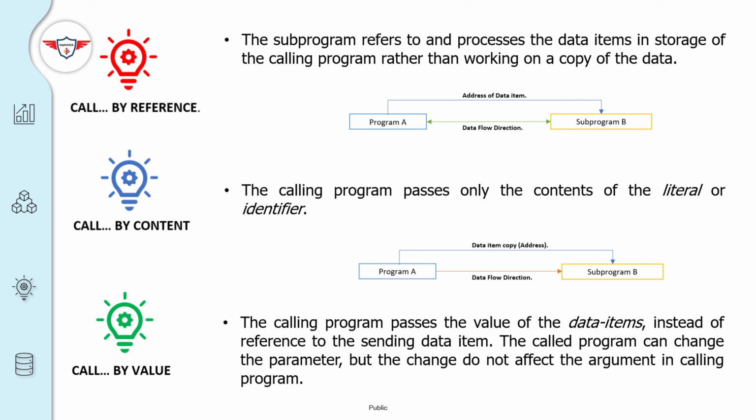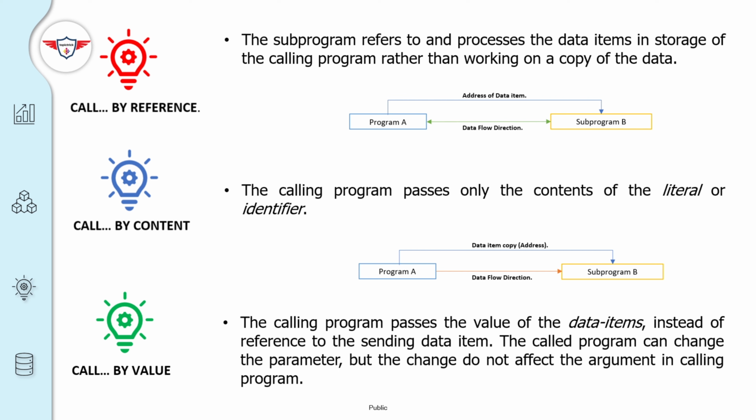What it does is create a copy of the variable or the data item and then pass the address of that particular data item to subprogram B. If the subprogram makes any changes to those variables or the data item that it has received from program A, then those changes will only be reflected in subprogram B. They will not be reflected in program A, and the reason behind that is that both programs are actually accessing different memory locations.